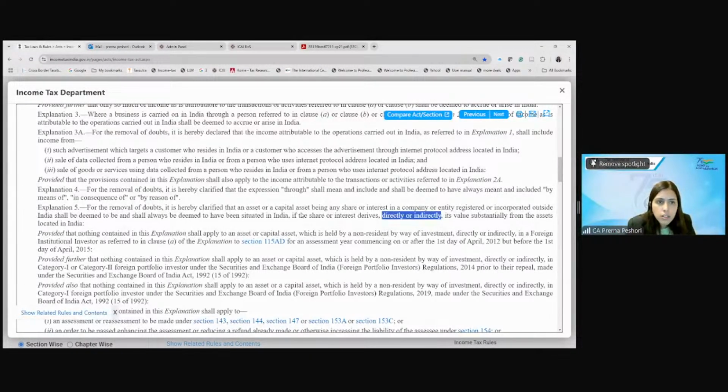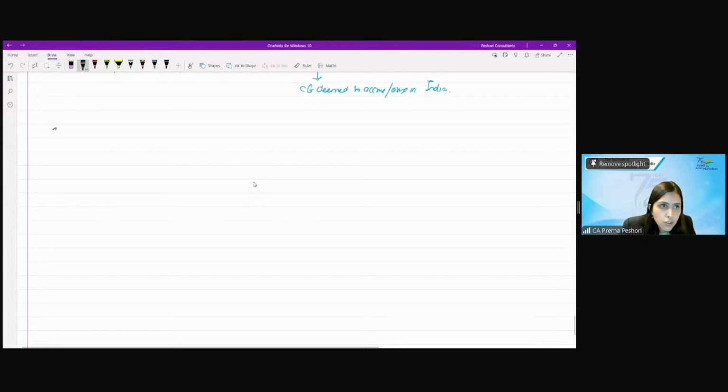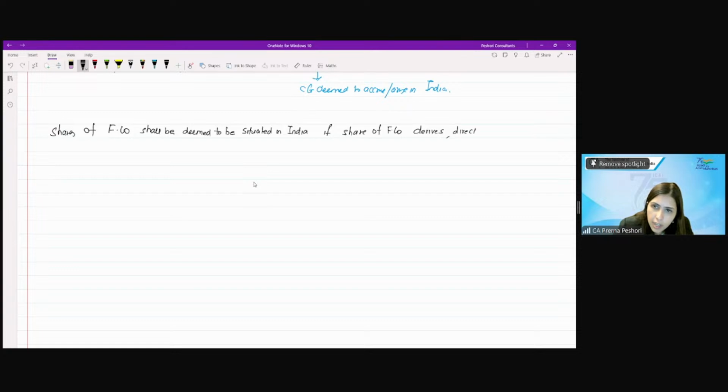So just write down here. Shares of foreign company shall be deemed to be situated in India if share of foreign company derives directly or indirectly value substantially from assets located in India.